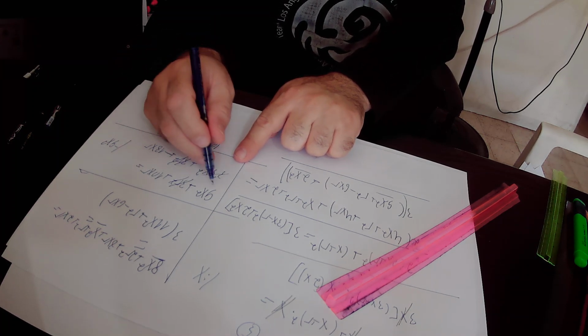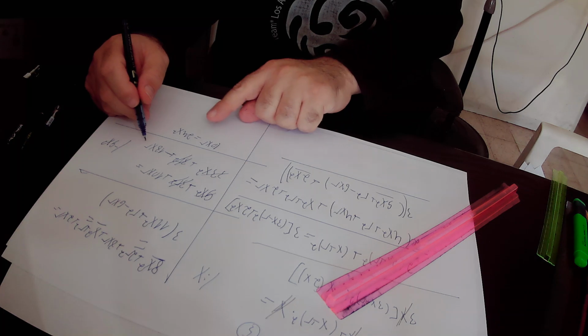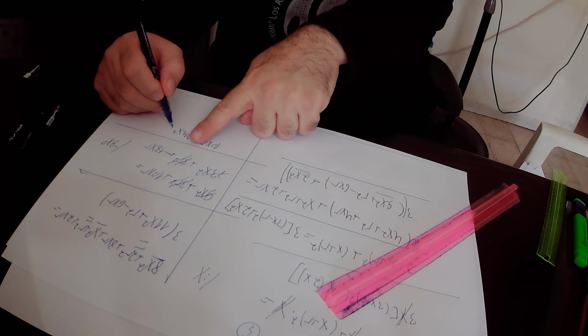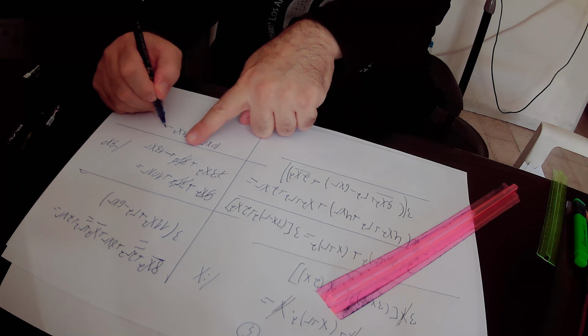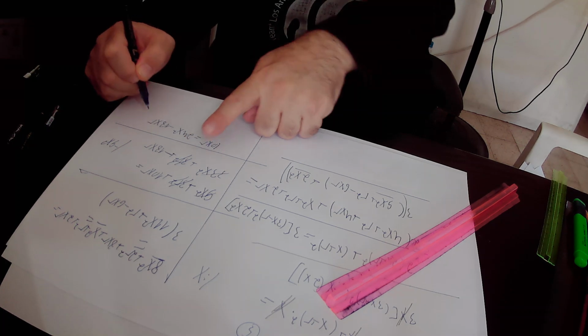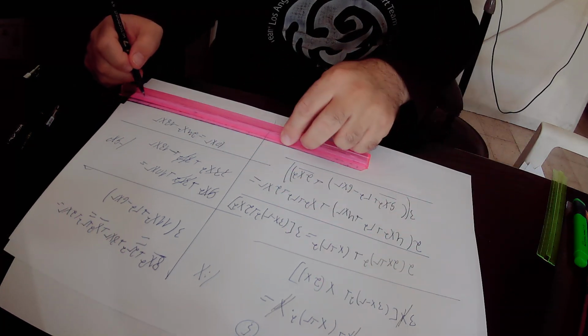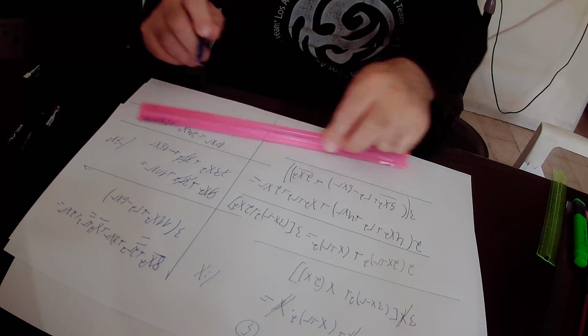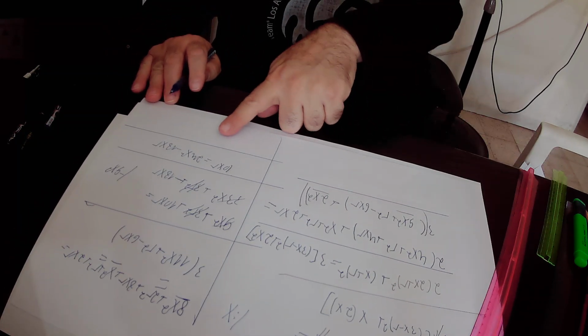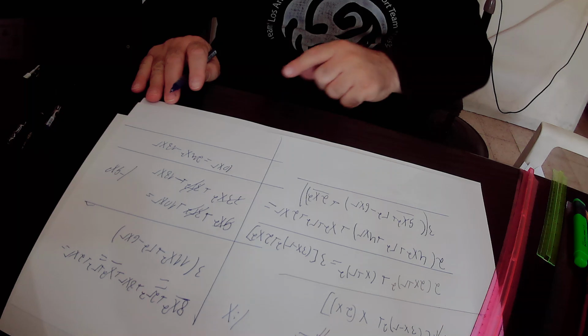Okay, and what is left is minus 18xr. So 10xr equals 24x squared minus 18xr.